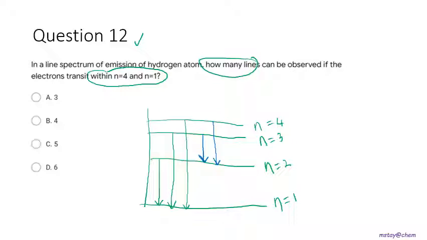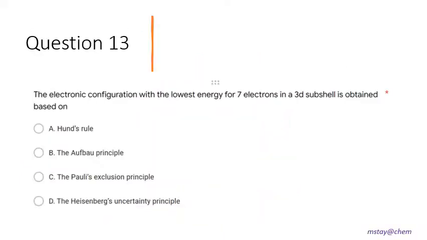So only 2 lines can form in the Balmer series, and the last one, we can form 1 line only in the Paschen series. So altogether, 3 plus 2 plus 1, totally we can see there are 6 lines in this energy level diagram.